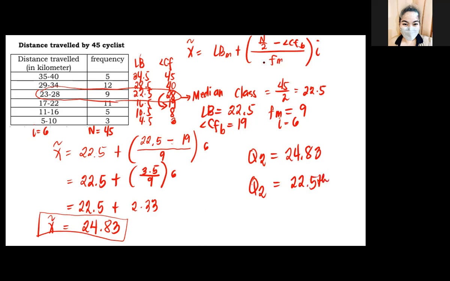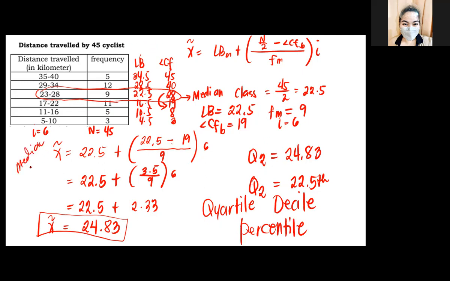And since this is the way on how we get the median of group data, we can also say that this is also the way on how to get the quartile, the decile, and the percentile. Okay? Dahil alam niyo na how to get the median, malalaman niyo na rin how to solve for the quartile, the decile, and the percentile.